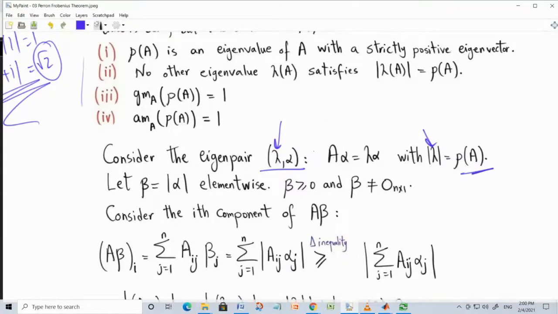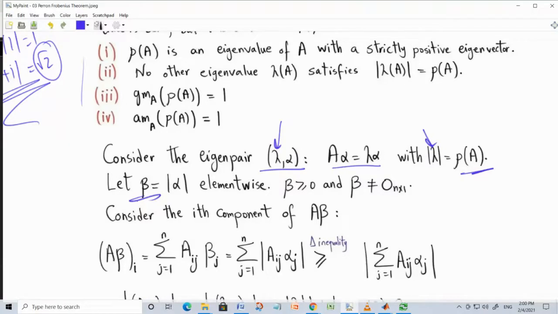So write down the eigen equation, A alpha is equal to lambda alpha. Again, you write it for a specific lambda, the eigenvalue whose magnitude is equal to rho of A, the spectral radius. Now define another vector beta.